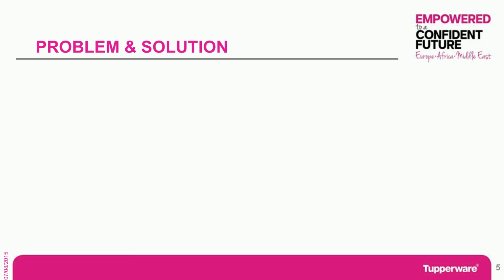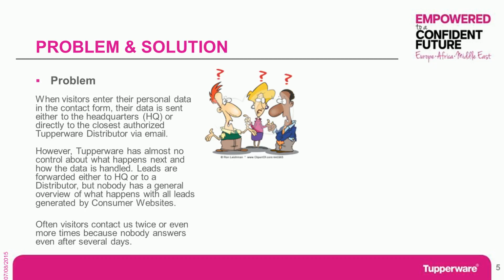We have a problem and we have a solution, or at least we would like to propose a solution. The problem is what I described here basically. We have a lot of different websites. We have many Facebook pages and other social networks where customers are able to enter their personal data or to send a request, a question, a complaint, anything.